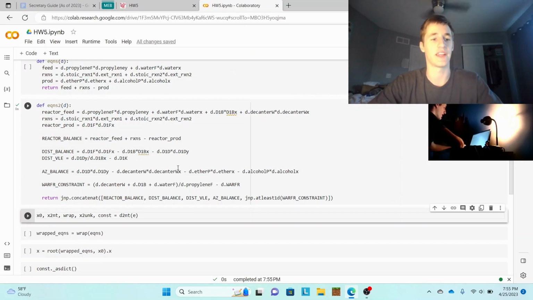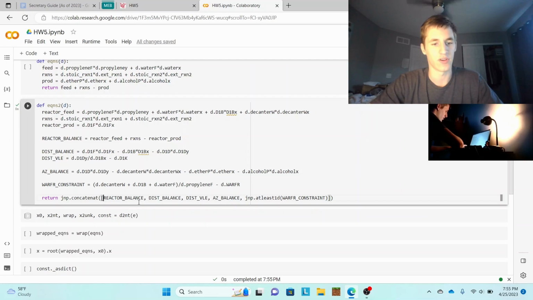So now I'm going to go ahead and add in my variables. So if we look, we have four equations that use our vector of 4 components, right? So that will be 16 total equations plus 1 equation for this water to alkene reactor feed ratio.